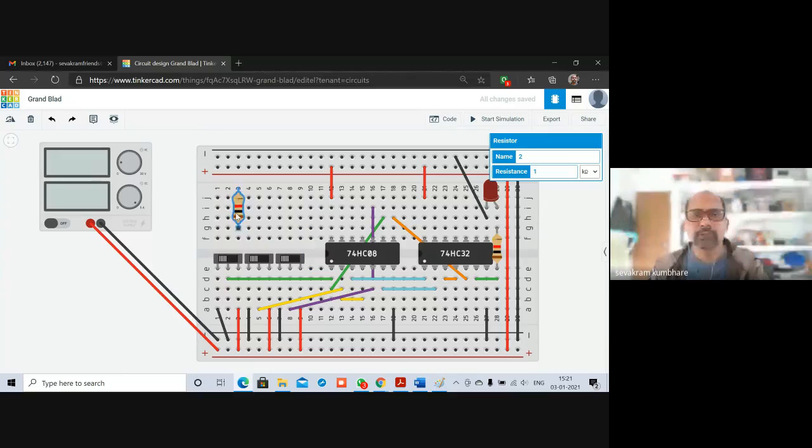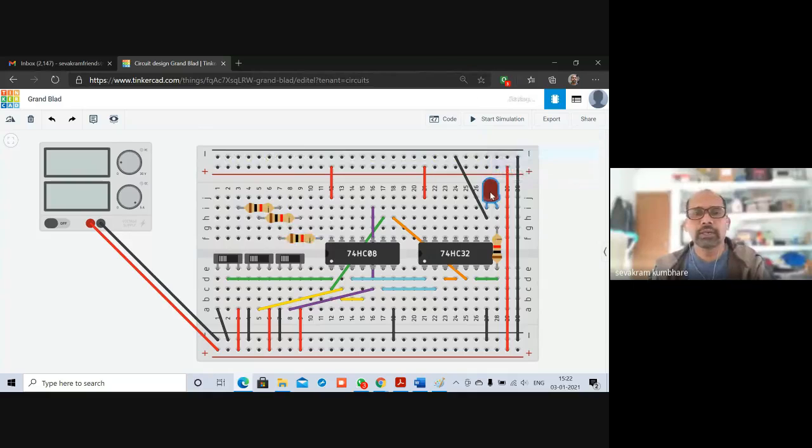I'll copy this. I have very less space available. Okay, what I will do, I will rotate it. This is one. I should have taken a bigger breadboard. Leave it. This is 2 and another. I'll keep it. Third one, not an issue. I need 3 LEDs like this.